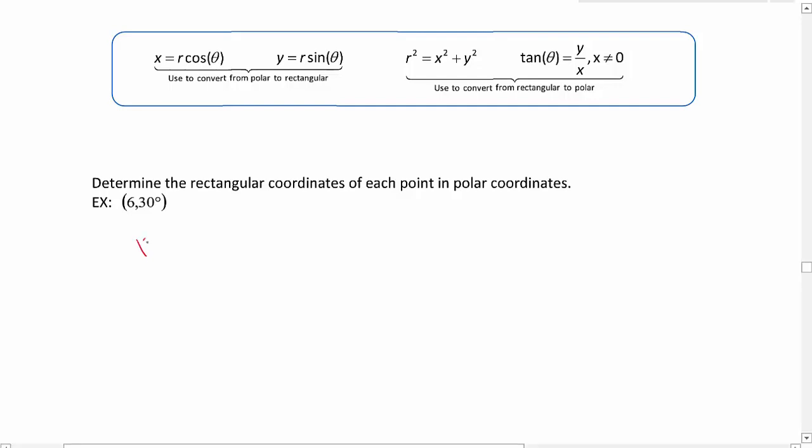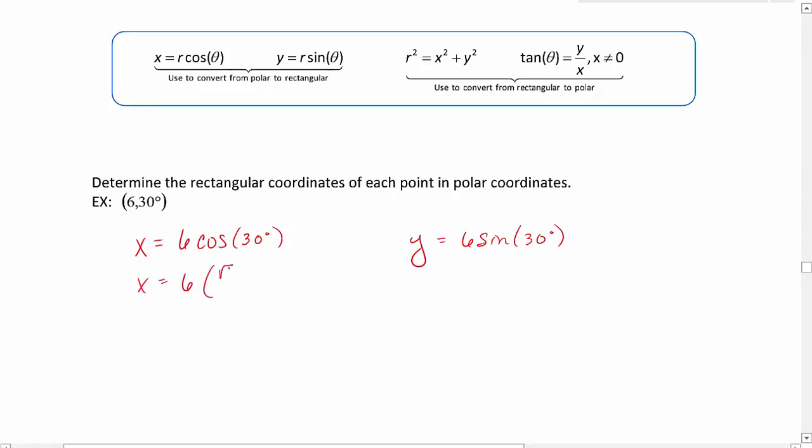Using our first two formulas, x is going to be equal to r, which is 6, times cosine of 30 degrees. And then our y value is going to be 6 times sine of 30 degrees. So this is going to be 6 times square root of 3 over 2.